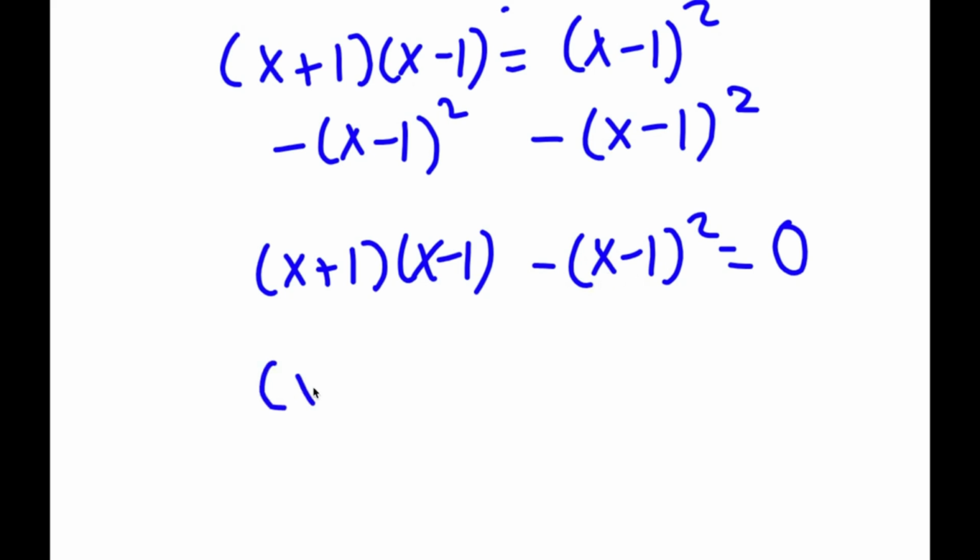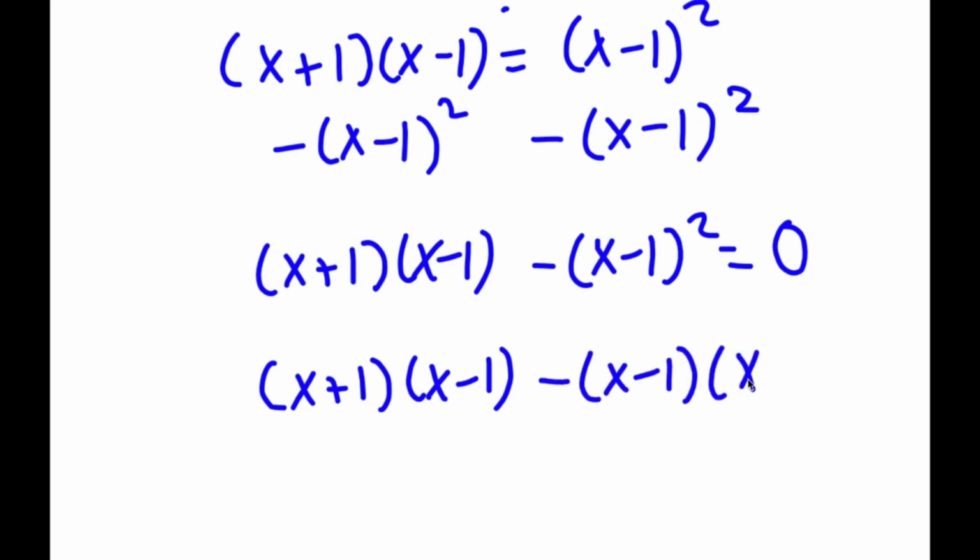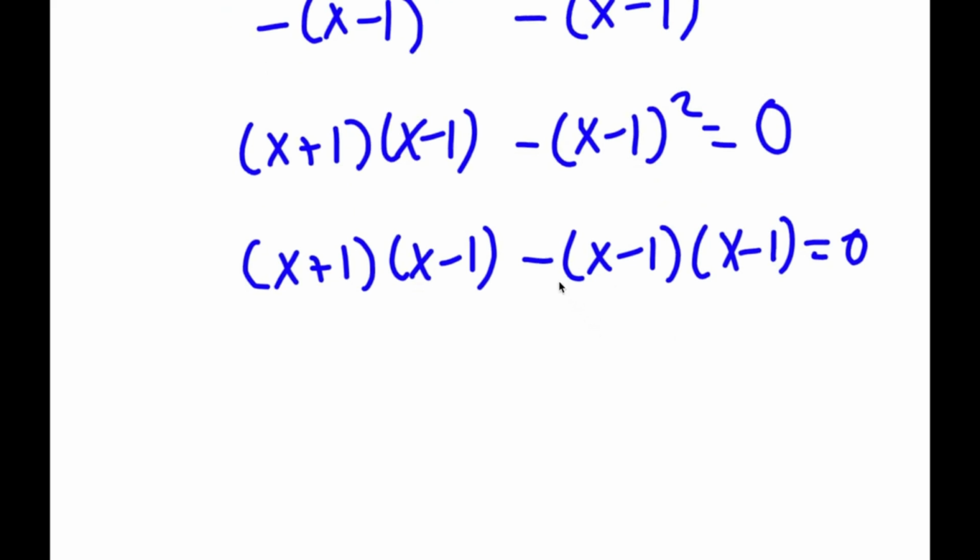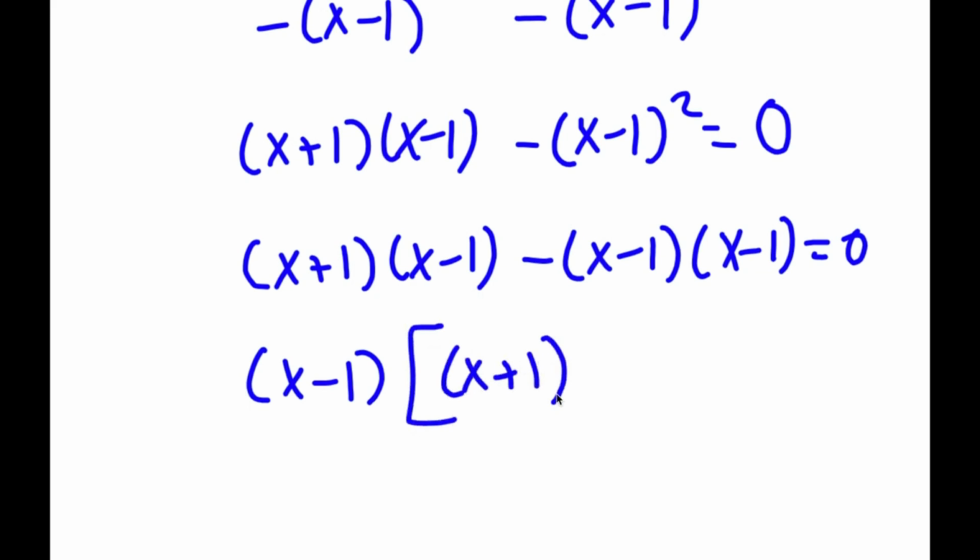Now x minus 1 squared, that's the same thing as x minus 1 times x minus 1. Now if I factor out x minus 1 from this, I get x minus 1 times x plus 1 minus x minus 1. This is equal to 0.